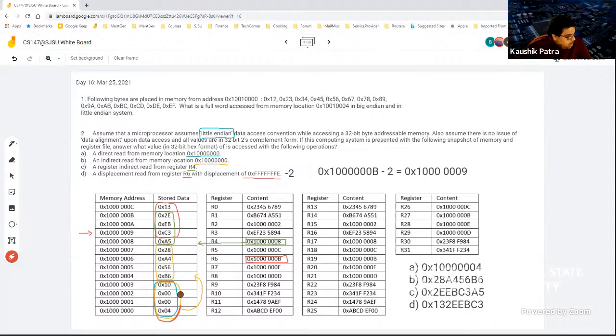Now it is constructing that 4 byte data in little endian, 10000004. Since it is an indirect read, it will do another read from memory, using this as an address now, picking up this value and using that as the value to be read.